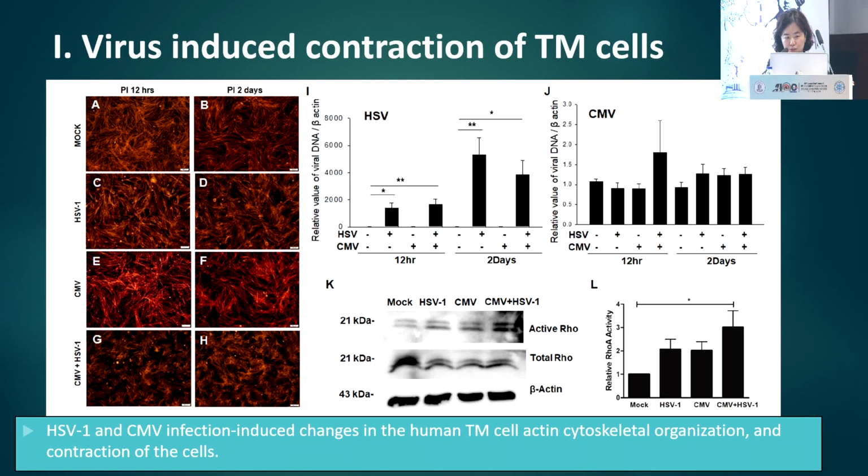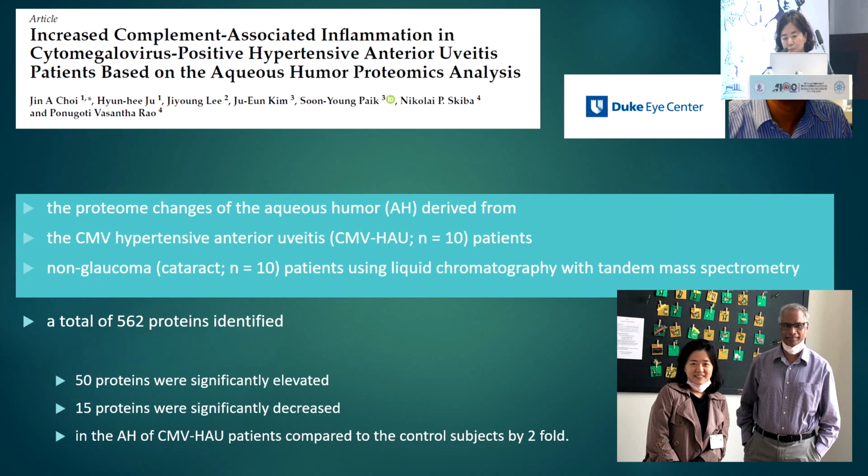I had the opportunity to have a visiting scholarship at Duke Eye Center, working in Dr. Basanta Rao's lab, and we studied the proteomic analysis of aqueous humor derived from cytomegalovirus-associated hypertensive anterior uveitis, and we found that 50 proteins were significantly elevated.